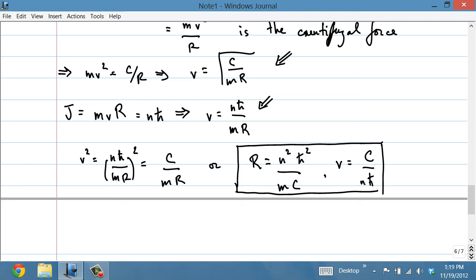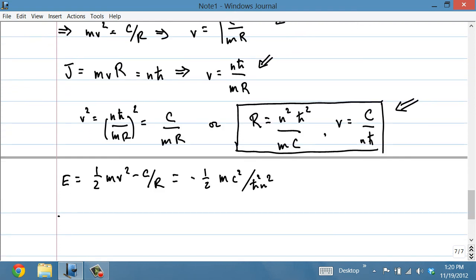And the total energy of the electron is 1/2 mv squared minus c over r. Can be computed just by plugging into this set of formulas in the box here, and that's minus 1/2 mc squared divided by h bar squared n squared. That's just a little bit of elementary algebra.